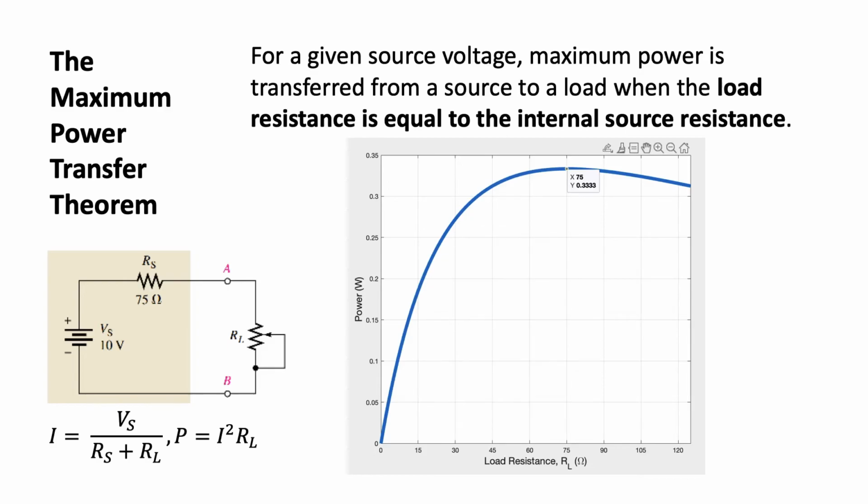To solve for the power transferred to the load, we first solve for the current through the circuit. It is given by V sub S over R sub S plus R sub L. The power is then computed to be the current squared times R sub L. If we graph the power as a function of R sub L, we obtain the following result.